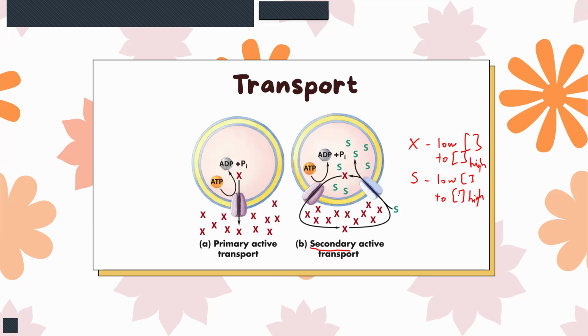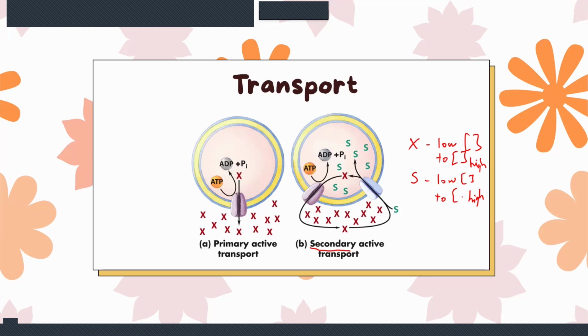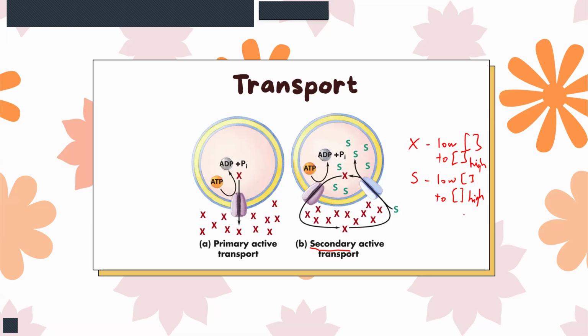So we've got these two things that are both moving in the opposite direction of what you would want. That is known as secondary active transport, because we then have ATP hydrolysis that is going to move X from the low to the high. So X moves across because of ATP. That ATP hydrolysis drives it.